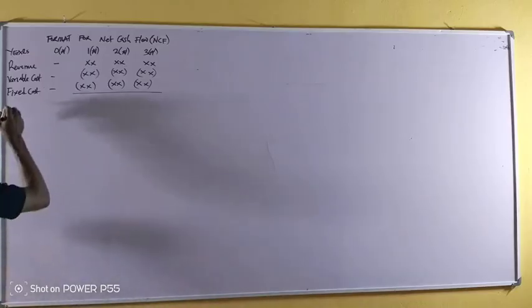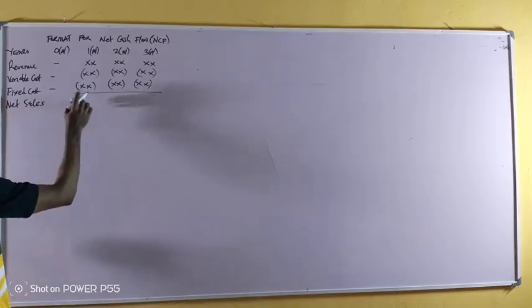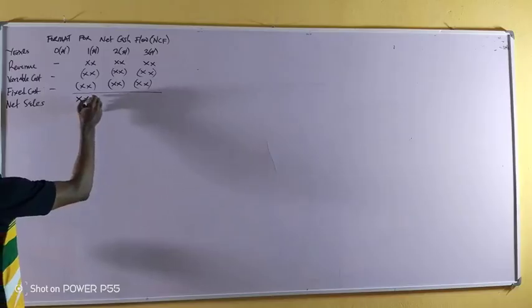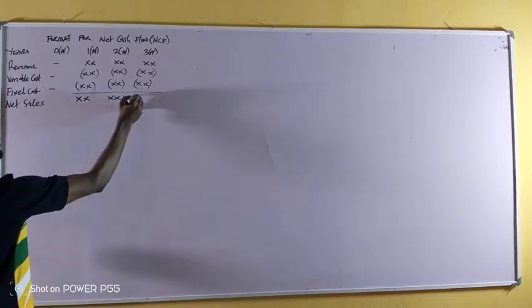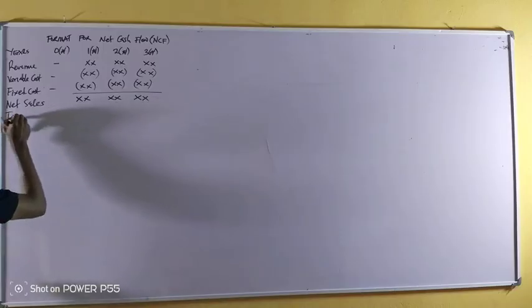Here I call it net sales. So we have net sales. These are born out of your operations. I'm assuming that it is positive. These are born out of your what? Operations. If you do business and make profit, government will take its share in tax. So this will be taxed.